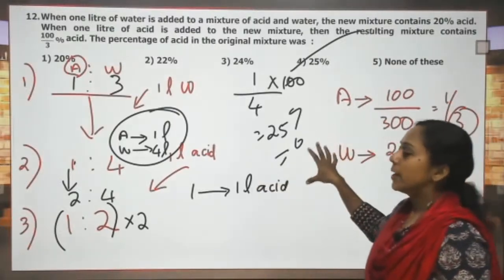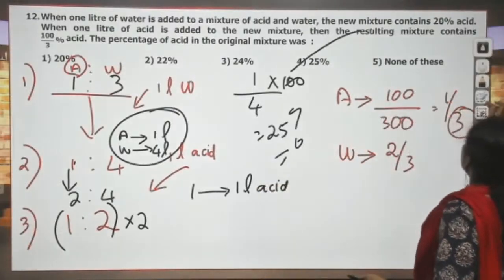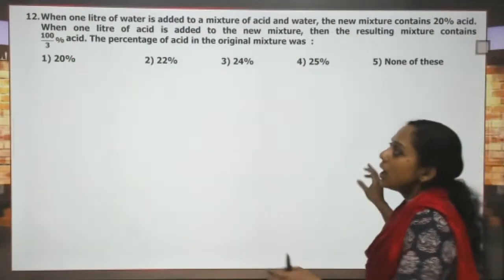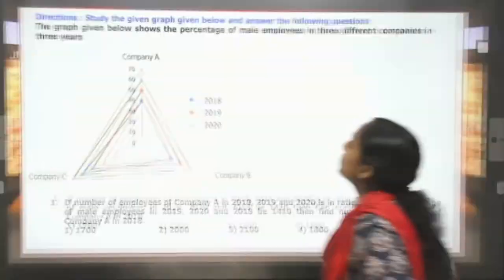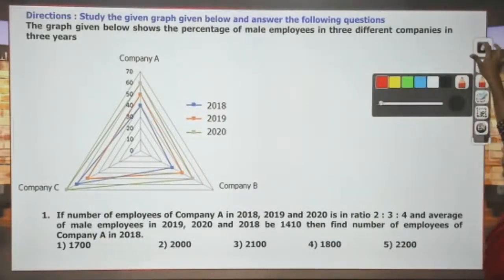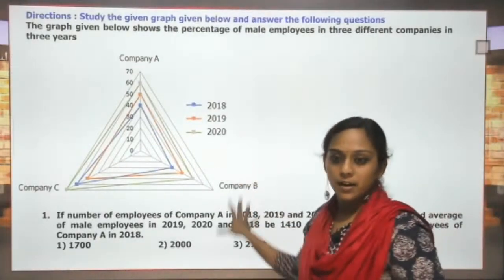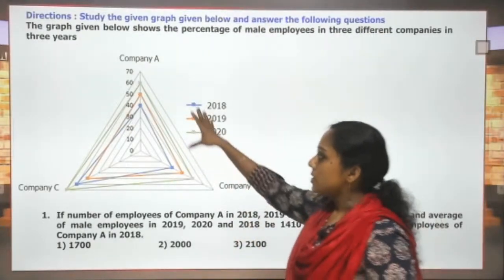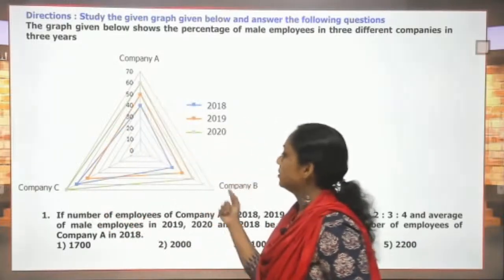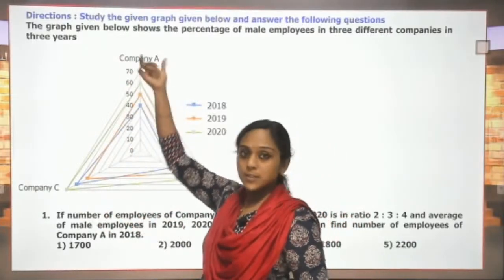Okay. So I am going to explain how to read the data from the radar graph. See, this is a radar graph. In a radar graph, you see there are 3 arms, each of which represents a company.